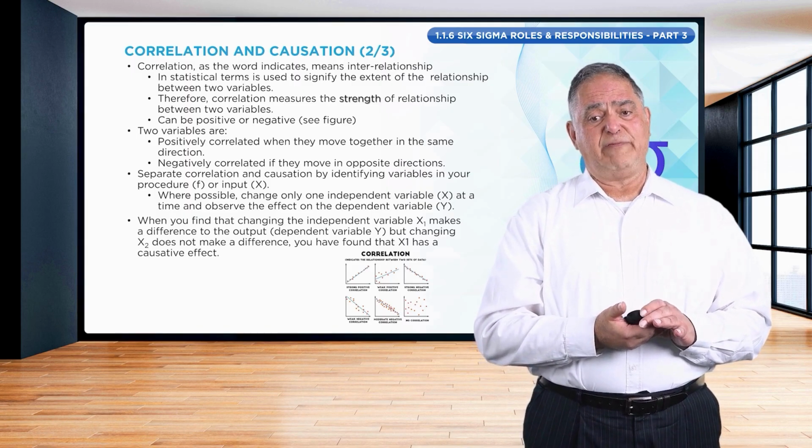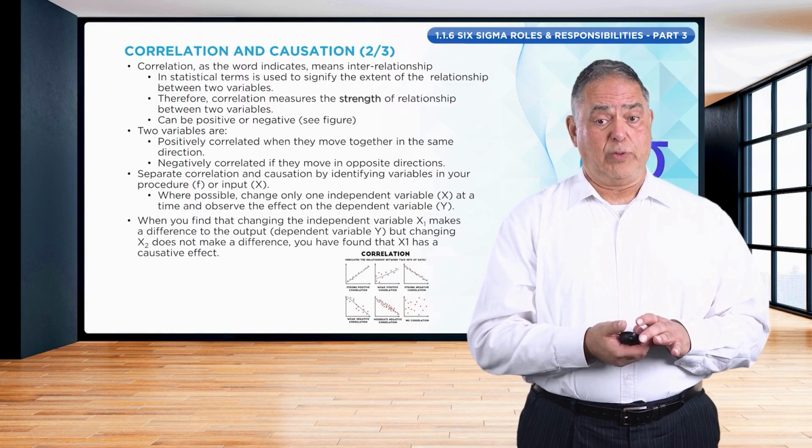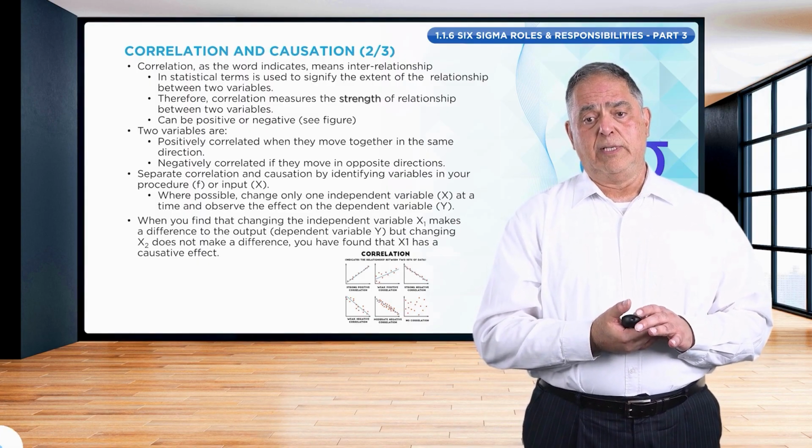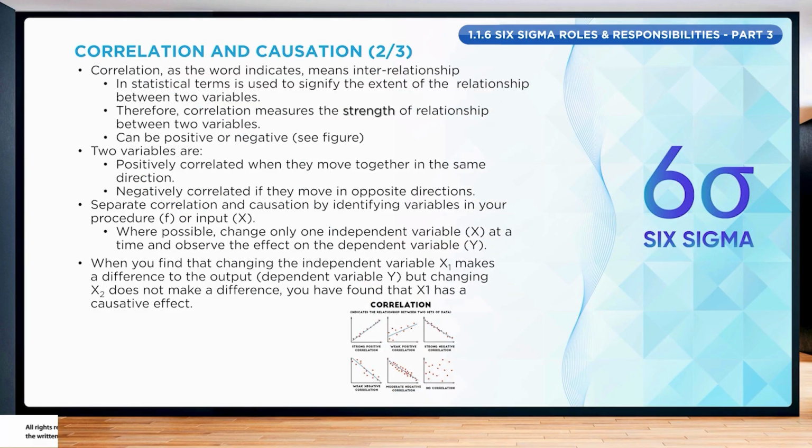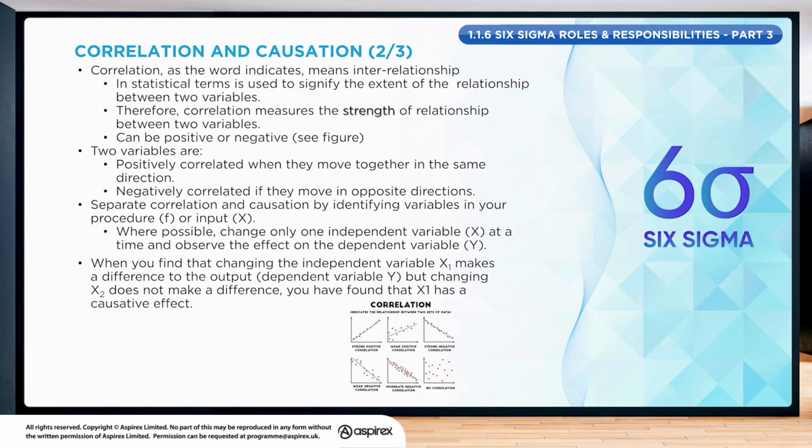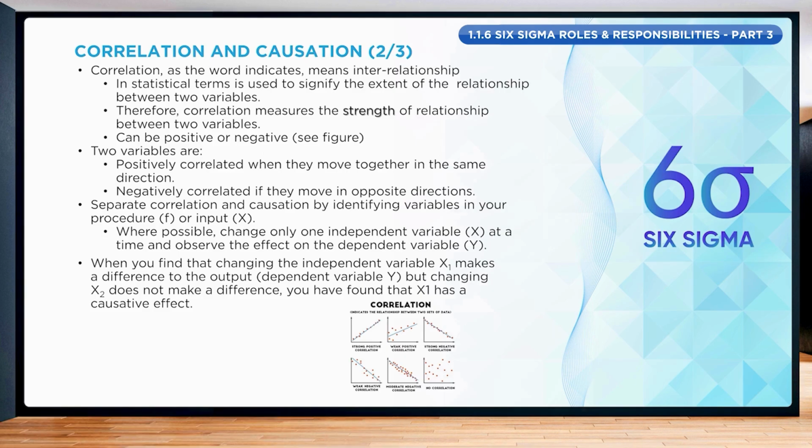Now, referring to the figure with the title Correlation, we can see that we can have a strong positive correlation. This means that by changing one variable, the other variable responds in a similar way.